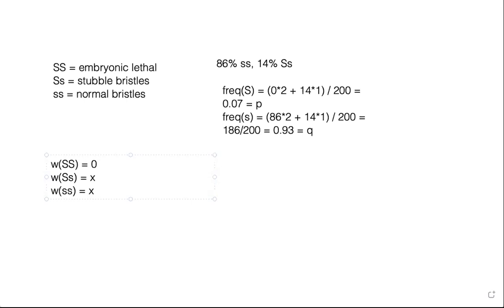Okay, so we have these three numbers, 0, X, and X, that express the probability of survival for flies of each genotype. Now we take the largest and divide all three by that largest number.